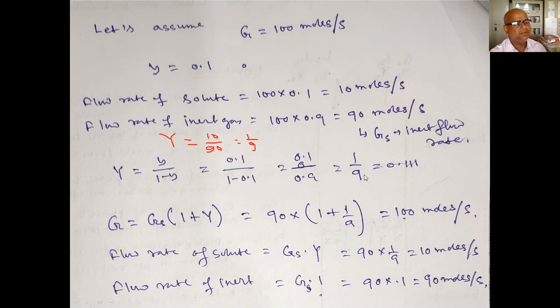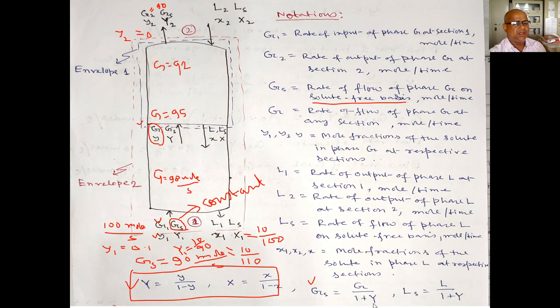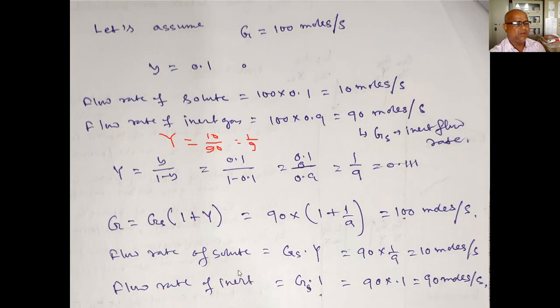Similarly, capital X will be small x by 1 minus small x. Now we said that G equal to GS into 1 plus capital Y. G we know is 100 moles, so let's calculate from this equation also.